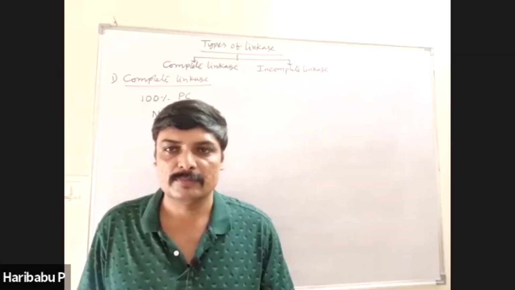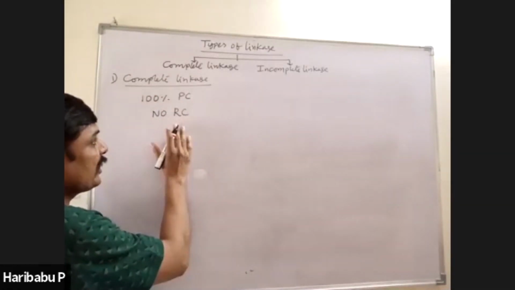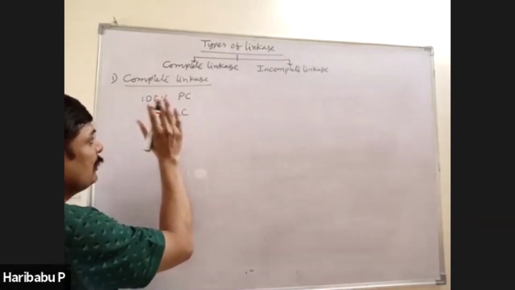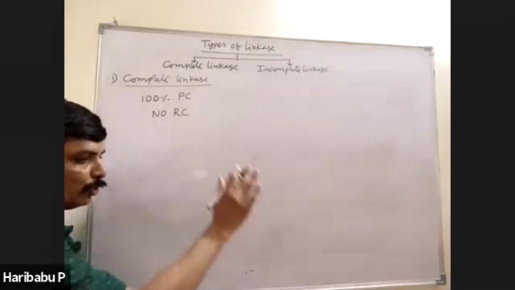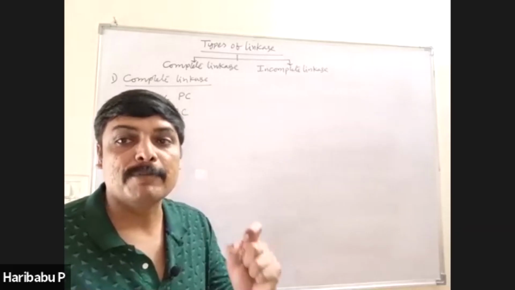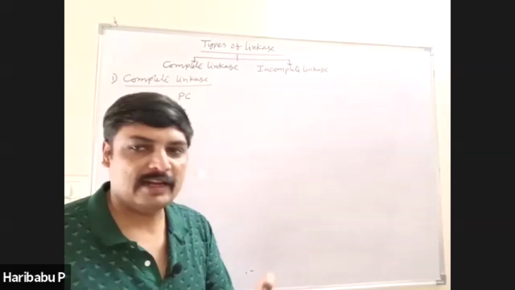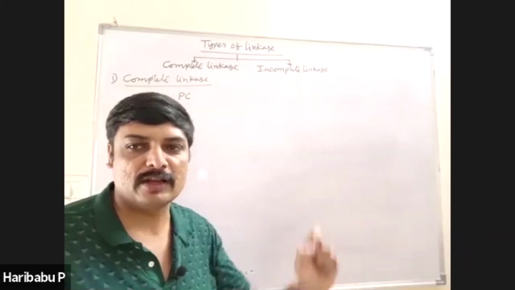All are parental combinations. Such a type of linkage where only parental combinations and no recombinations appear is called complete linkage. How can you say that these characters are completely linked in so and so organism?